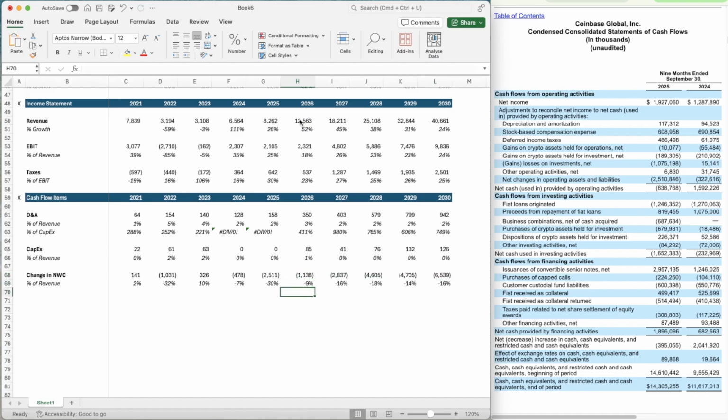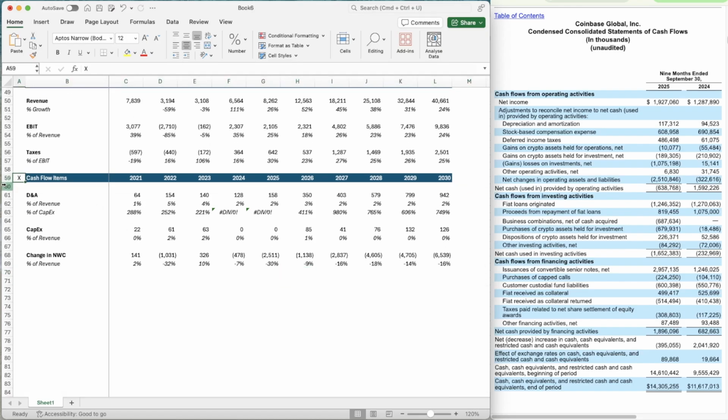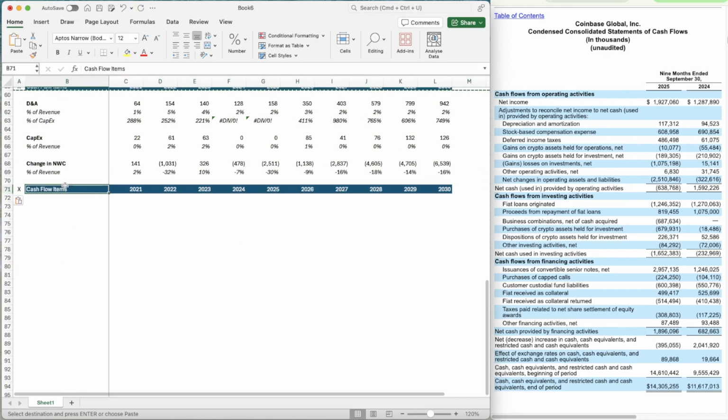Okay, when this doesn't look, let's go with that. Let's see what it comes out with. Now we can build the actual DCF.